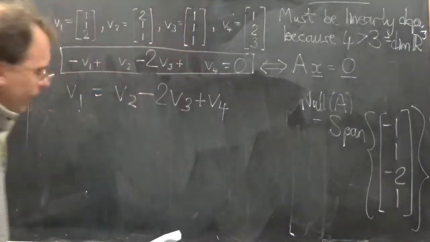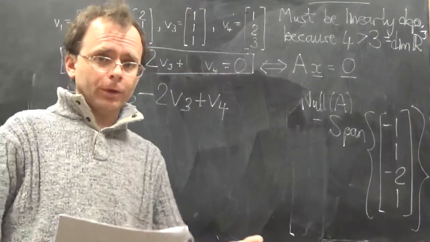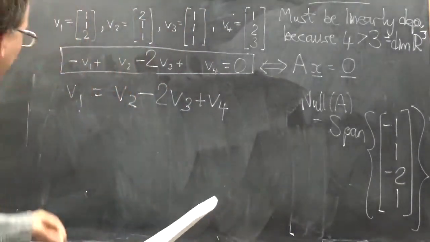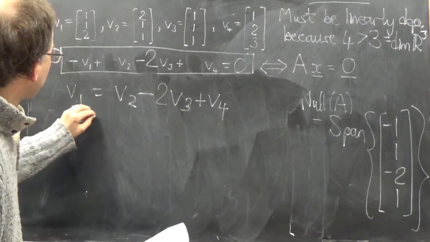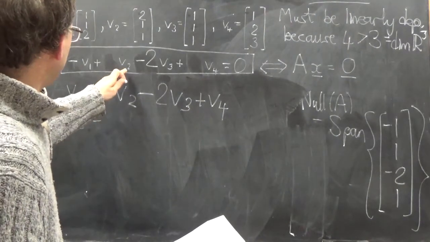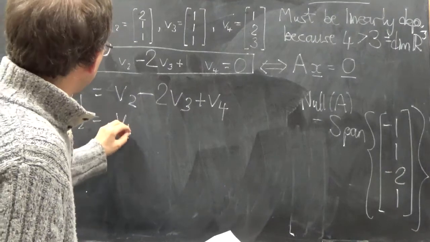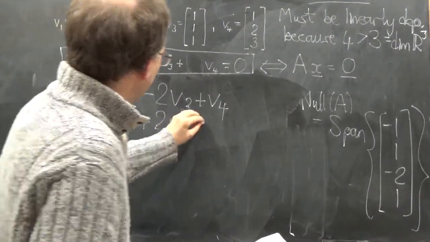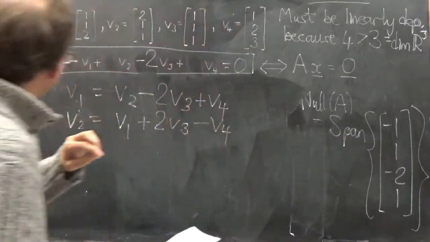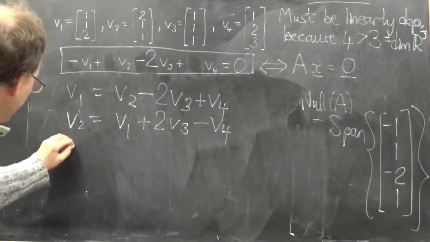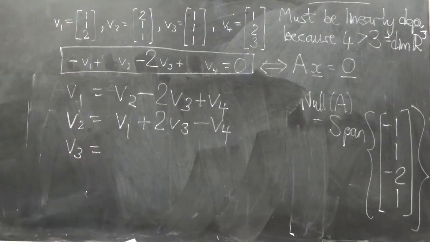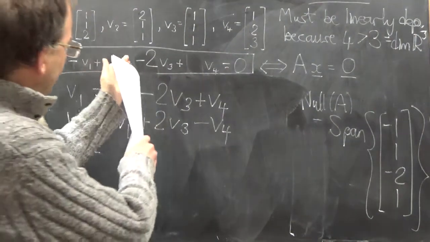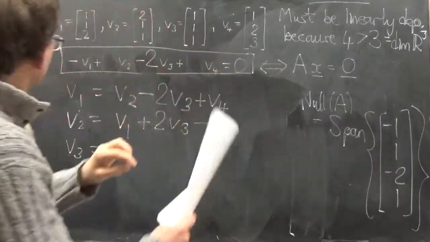Yeah. Now what does each mean? Each means you do it for the others as well. So v2 is going to be, we're going to have to take the others across the other side. So v1 plus 2v3 minus v4, if I'm not mistaken. v3 is going to be, so I'm going to have to take it across the other side and then divide by 2.